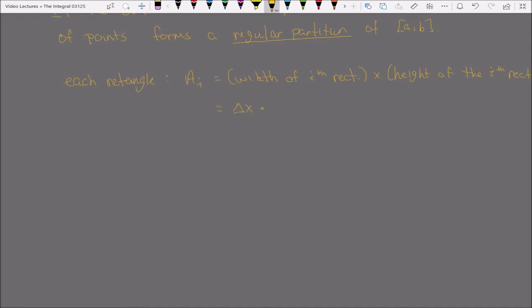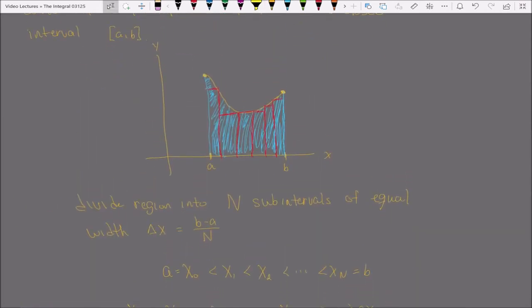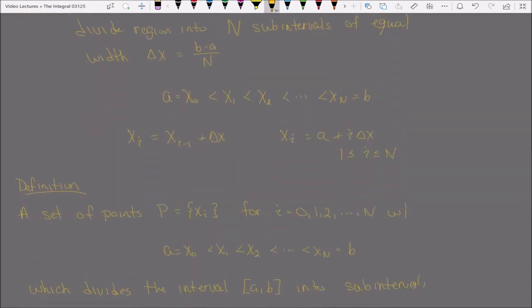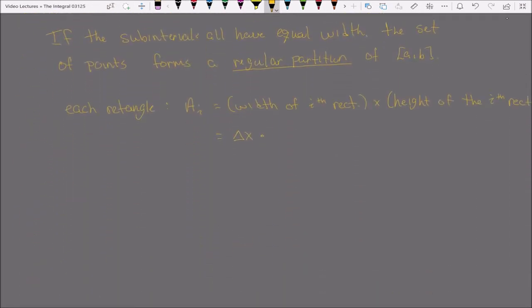Now the height. To determine the height of a rectangle, depending on how you want to draw it, we just take any point in the interval and evaluate it at that point. So we'll say c sub i, where c sub i is any point in the interval x sub i minus 1 to x sub i. Right, the total area would then approximately be the sum of all these areas.